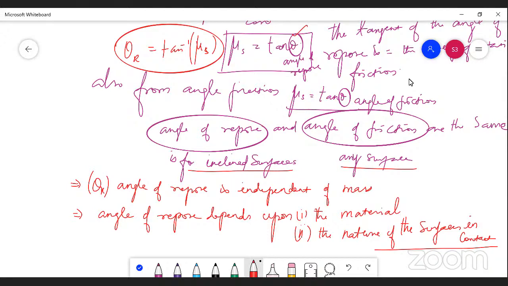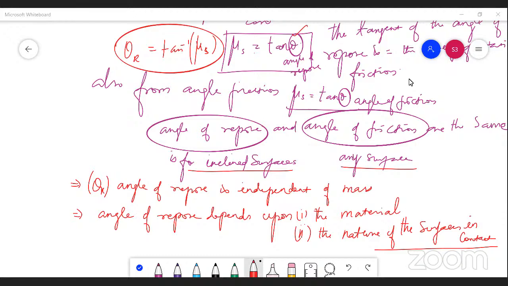If you do the same with a textbook whose surface is very hard or rough, then you have to increase the angle of inclination further. Means the angle of repose must be increased further in order to make the coin slide down the inclined surface. So it all depends upon the nature of the surface in contact. It also depends upon the nature of the material placed.